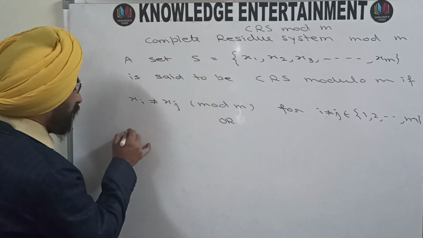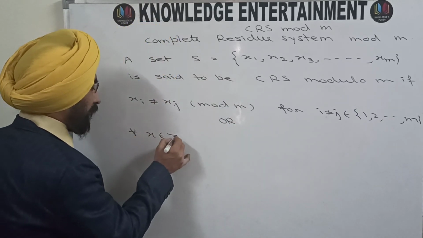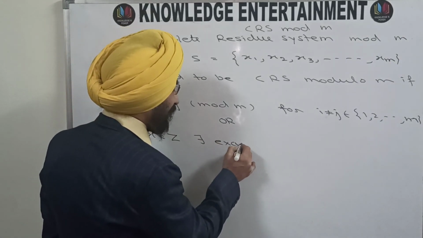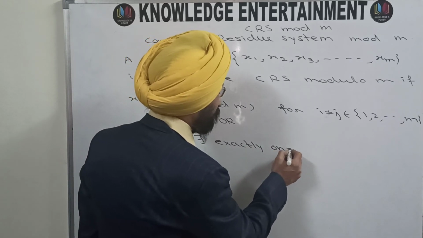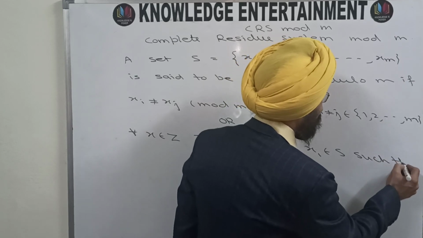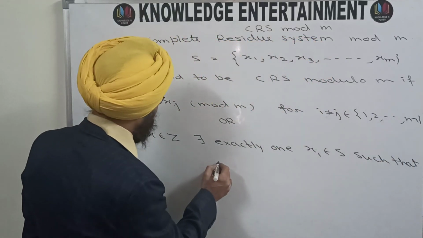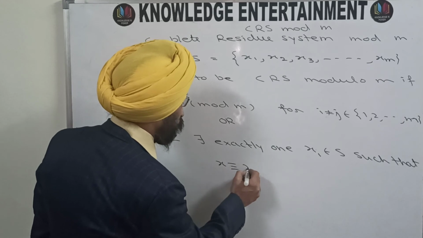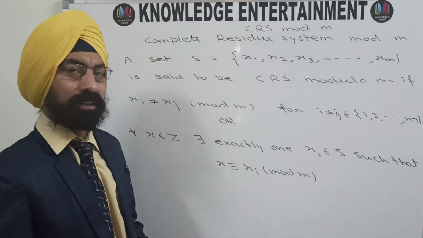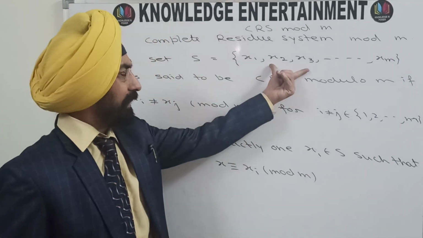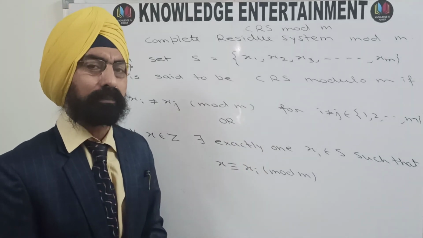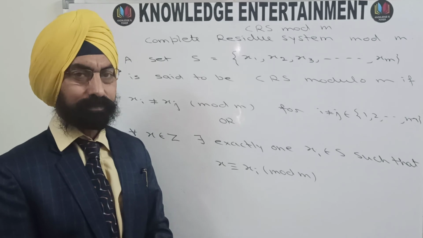or for every x belonging to Z, the set of integers, there exists exactly one xi in the set S such that x is congruent to xi modulo m. So if a set of m elements has either this property or this property, then it will become a complete residue system modulo m.